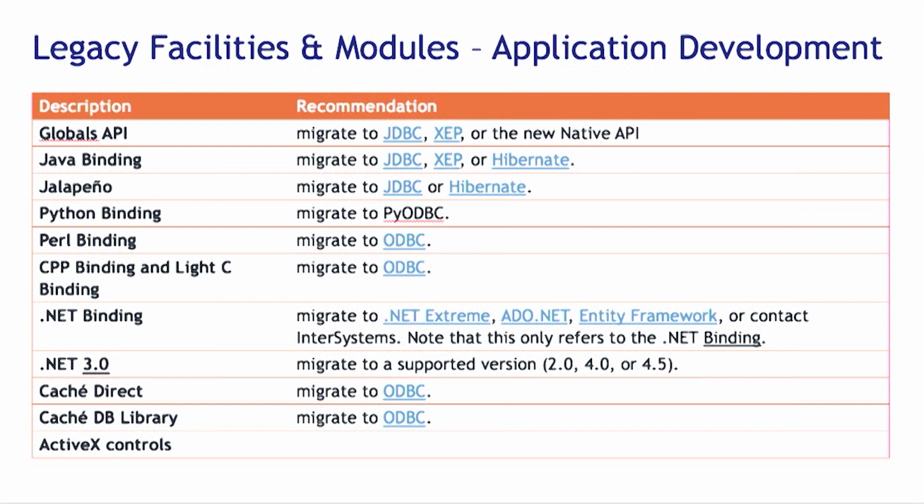Caché Direct, for example, or Visual M. This is really old technology, cannot be secured. There's nothing you can do about it. So we need to all try to find ways of moving on and find something else. These are just recommendations. This might not be the best solution for your particular case.